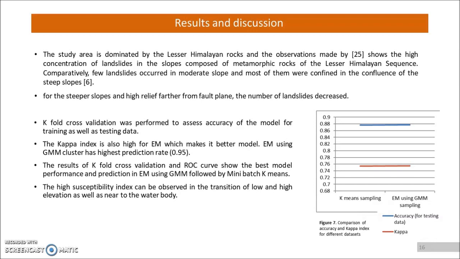Also, it shows in the kappa, it was not too much clear, but it's a slight difference in the EM model. It shows a little bit higher than the K-means. For the accuracy, also we can see there is a small improvement with using the EM rather than the K-means.